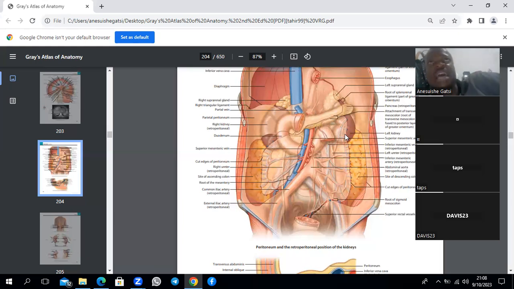Function-wise, the kidneys have quite a number of functions. Some of the things that are overlooked, besides the urine thing that we all know, they regulate acid-base balance. I'm coming from a lesson that I was doing for chemical pathology of acid-base balance. So you find that kidneys help us with regulation of acid-base balance.